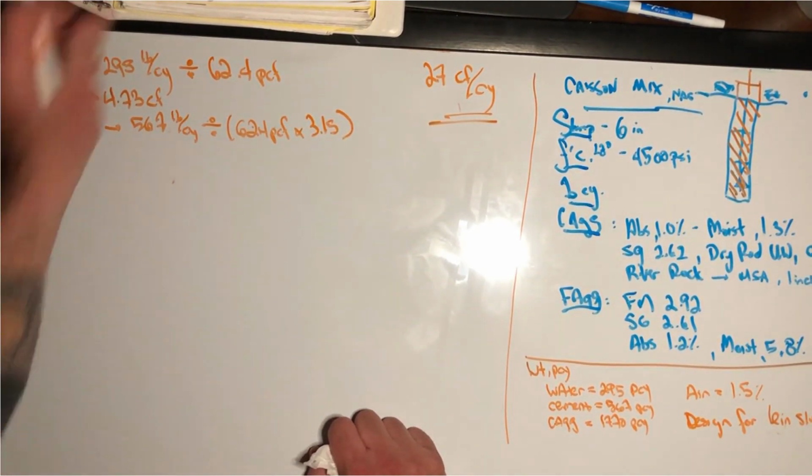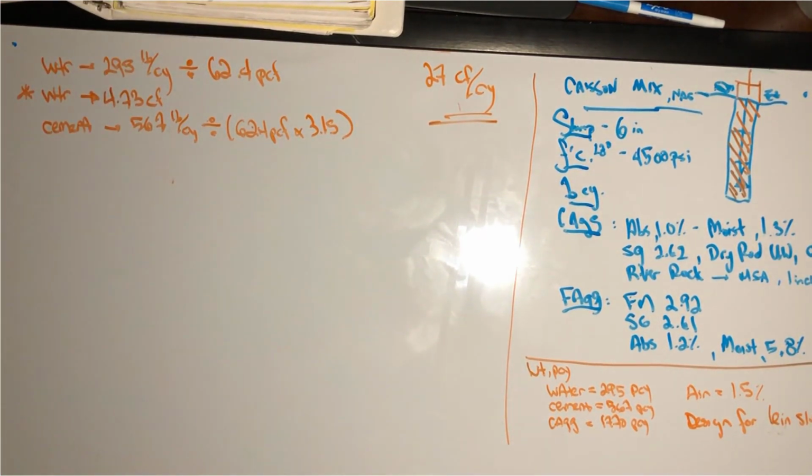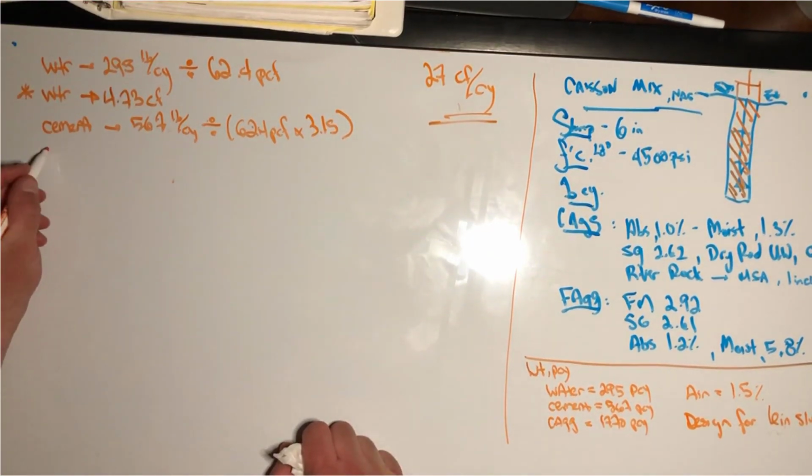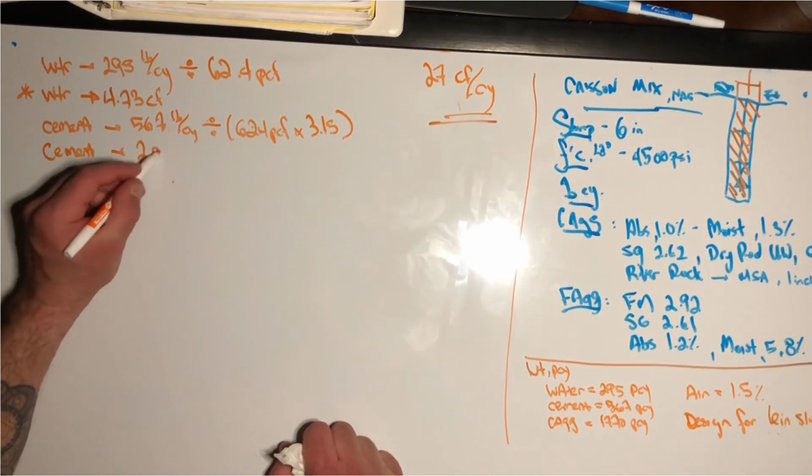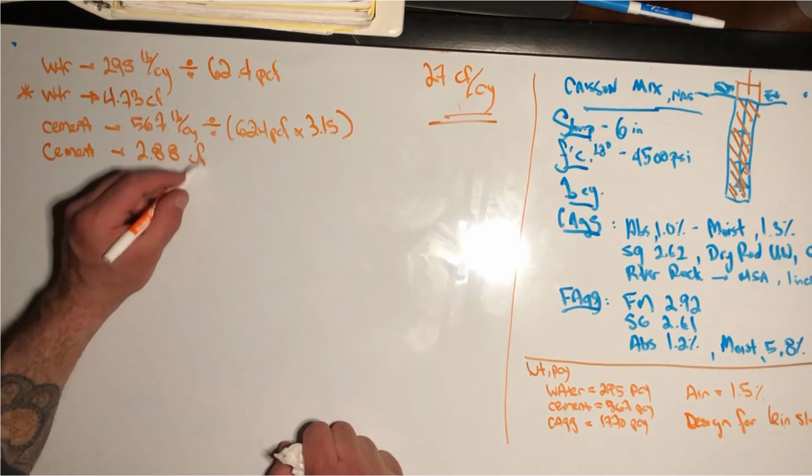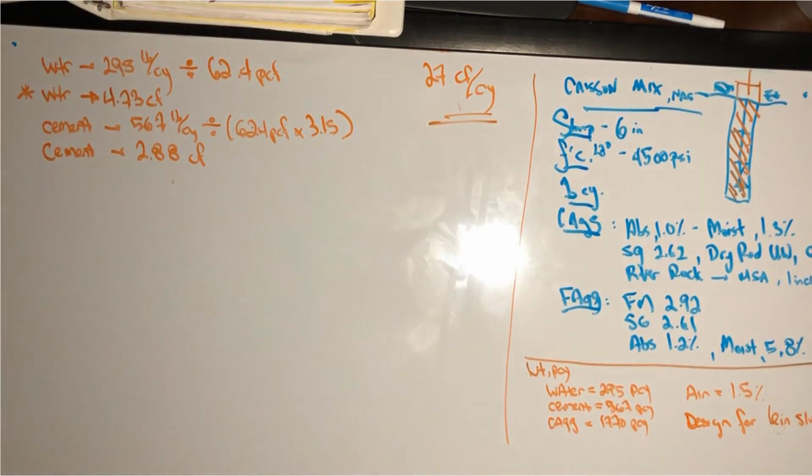That's 3.15. And in doing so, that gives us a unit weight of 196.6. So if I take 567 divided by 196.6, my cubic feet of cement is 2.88 cubic feet. Okay. So now, put an asterisk by that.